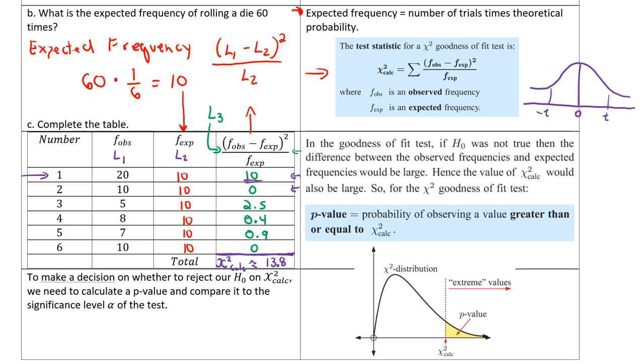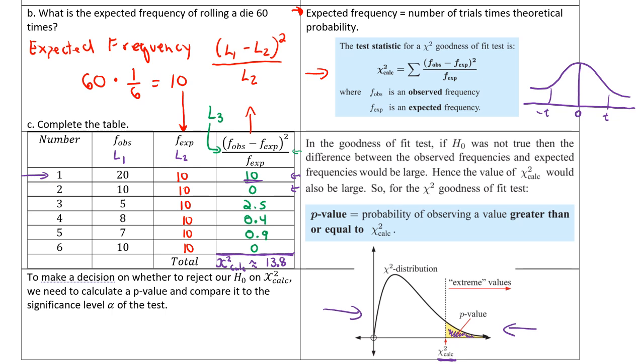Well, chi-square works in the same way, except its curve looks like this down here. It's not a normal distribution curve. But think of that chi-square value kind of like that t value that you always find, and then you're looking for that p-value, that area underneath the curve. The difference is the curve is a different kind of curve than the t curve. So the curves are different, but you're doing the exact same thing.